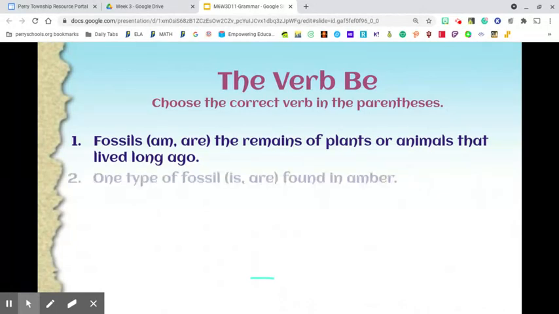Fossils are. Number 2, one type of fossil is or are found in amber. So you should have said is. We're talking about a singular noun, fossil. So we are going to say one type of fossil is found in amber.